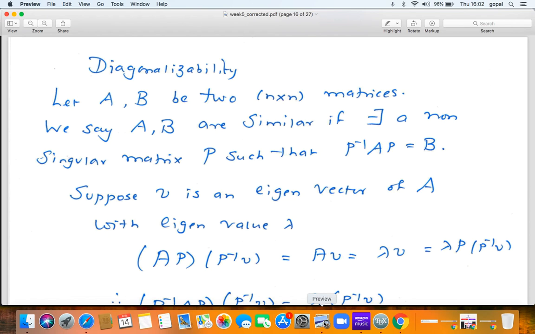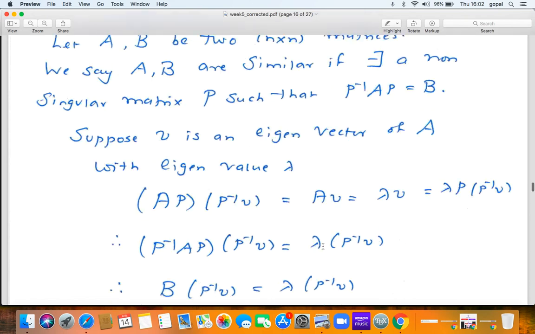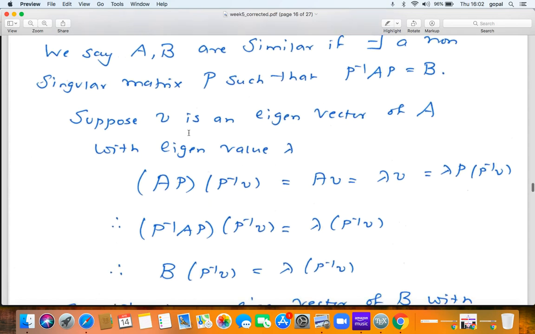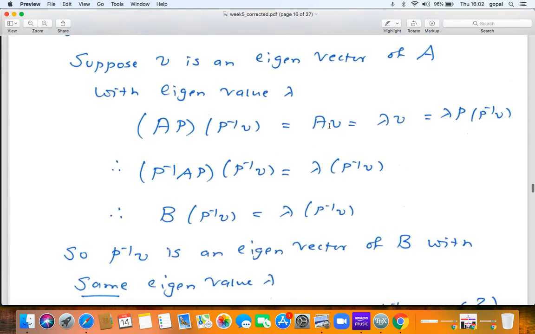Let us look at one of the basic properties of similarities. Suppose V is an eigenvector of A with eigenvalue lambda. What does it mean to say that lambda is an eigenvalue and V is an eigenvector corresponding to it? It means AV equals lambda V. Now I'm going to introduce a PP inverse in between.